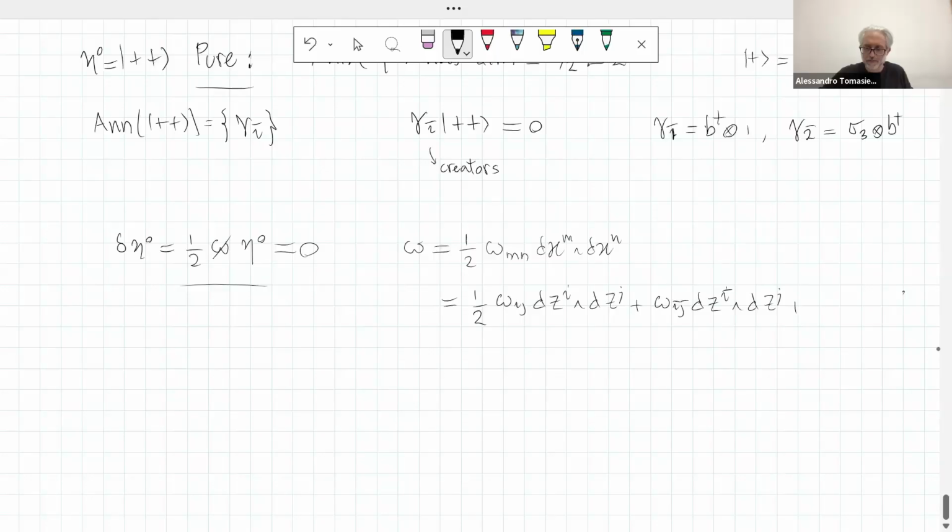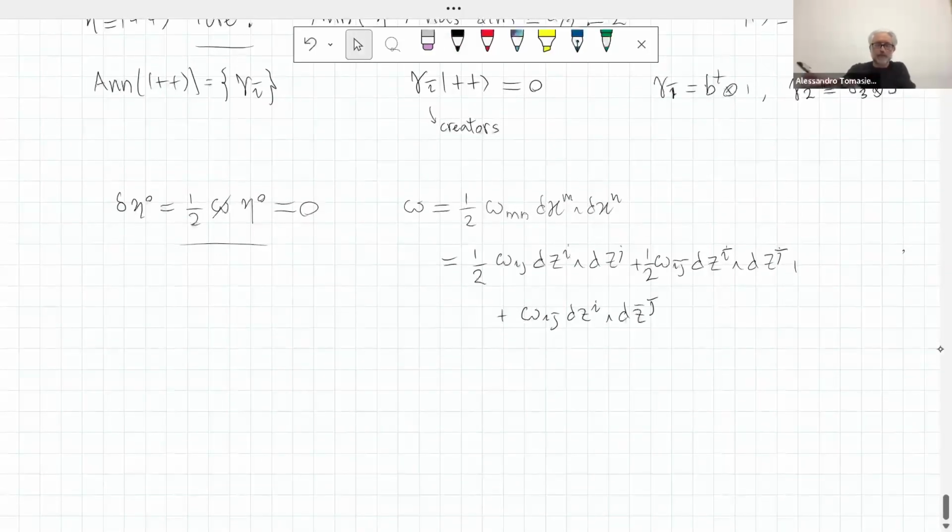Put bars here, and then a case with mixed indices. I don't write the I bar j part because it can be rewritten using anti-symmetry in terms of this one, which is also the reason I didn't put 1/2 here.